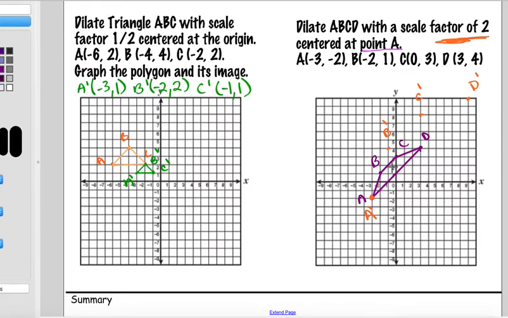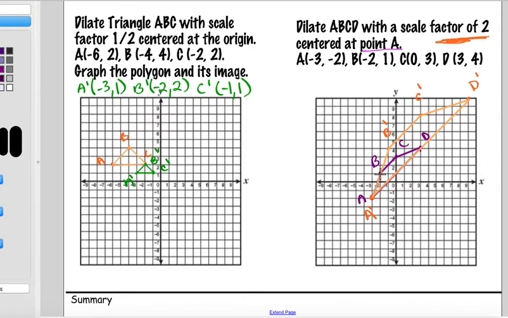And you're going to see how it has changed with respect to A. So there's A to B prime, and then to C prime, and then to D prime, and then back to A. So you can connect C and C prime there and see how it's projected out. You can see that the side AD is now 2 times its length.